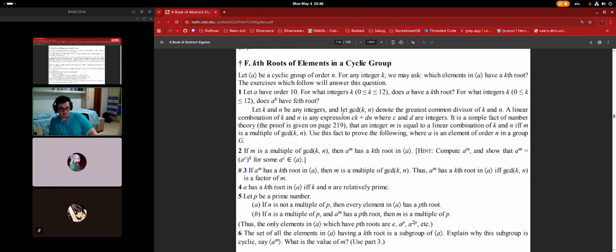Cool. So that means you can express m like this if m is a greatest common divisor of k and n. I didn't know that. Cool.